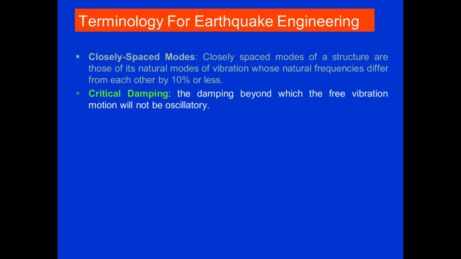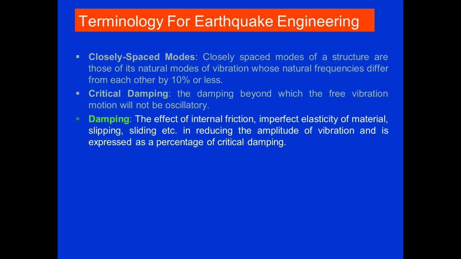Okay. Then critical damping is there, the damping beyond which the free vibration will not be oscillatory. Then damping, the effect of internal friction, imperfect elasticity of materials, slipping and sliding, in reducing the amplitude of the vibration, expressed as a percentage of the critical damping.